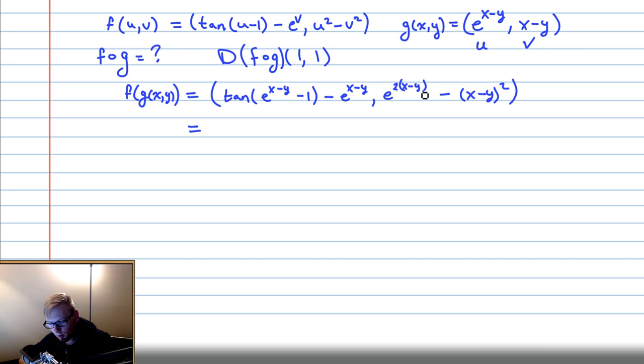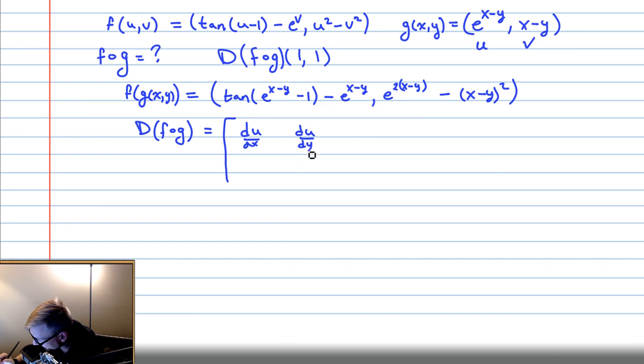Now, we want to find the derivative. Well, how do we do this? This ends up being a 2 by 2 matrix. And this is a vector, and this has 2 component points. We're going to have d of f o g is going to be, well, there's a derivative of the first component, so du dx, and derivative of the first component with respect to y.